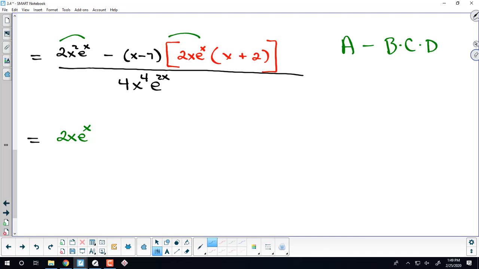Out of the first 2x squared e to the x, that's going to leave us with just an x. And we have our minus here. We didn't do anything with the x minus 7. We factored this out, so that's just 1 times that x plus 2.